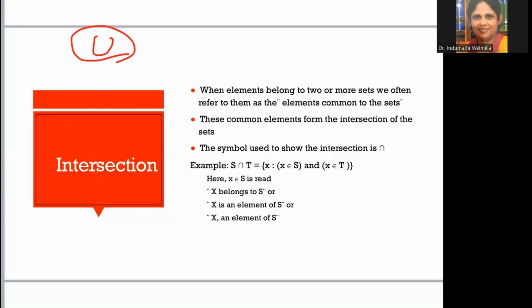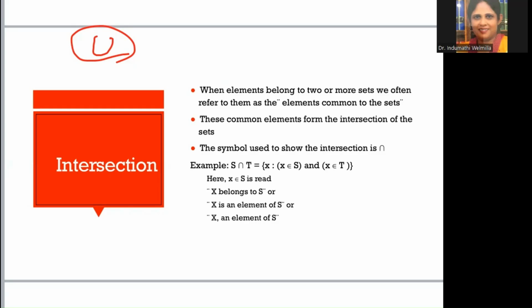Normally we read it as A union B, or the union of A and B. It is defined as the set that consists of all elements belonging to either set A or set B, or both. Now we move to the intersection.